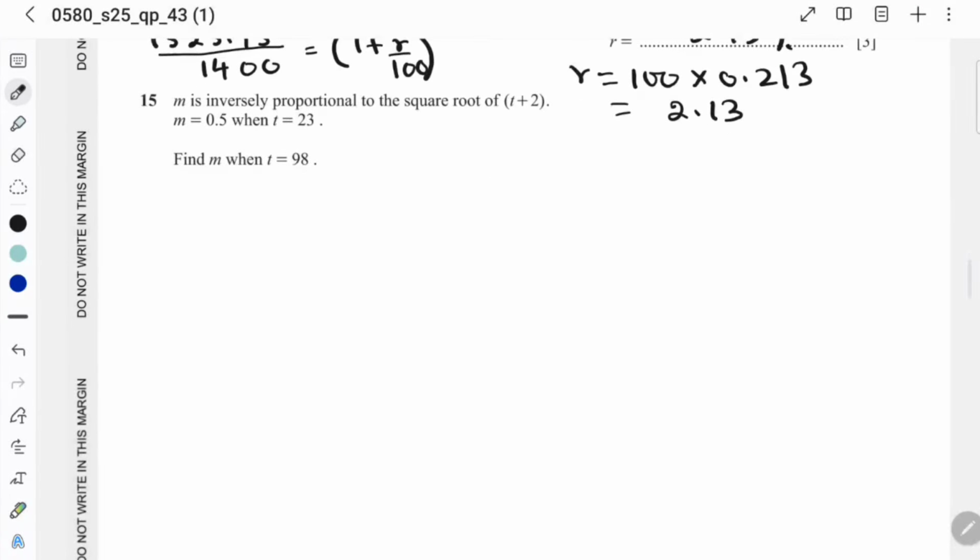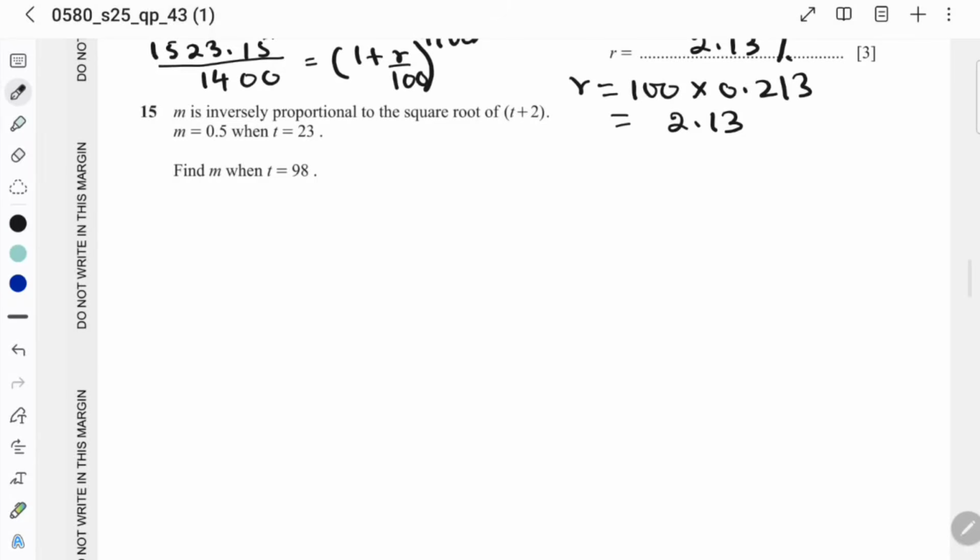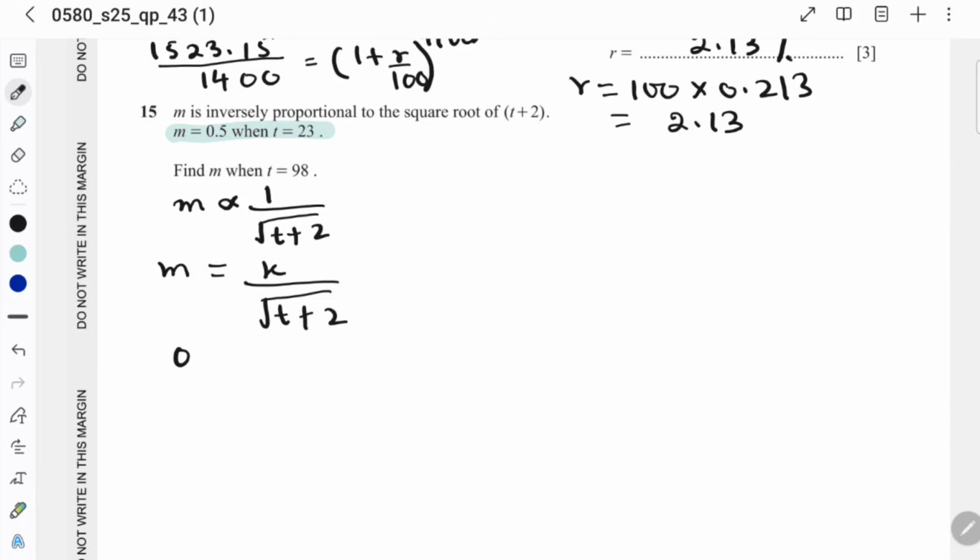Now 15th question, M is inversely proportional to the square root of t plus 2. Remove the sign of proportion, that is equal to k upon square root of t plus 2. And the values are given. M is 0.5 and t is 23. So 0.5 and k upon square root of 23 plus 2.